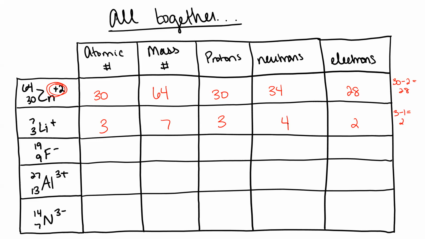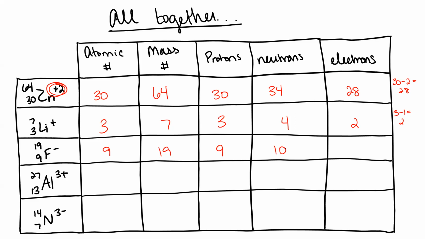Now we have F minus. We know the mass number and the atomic number again, so it's 19 and 9. We know our number of protons, which is 9. And from here, we figure out the number of neutrons. So we have 19 minus 9 is 10. Now for the electrons, this is where we have to be cognizant of sign.